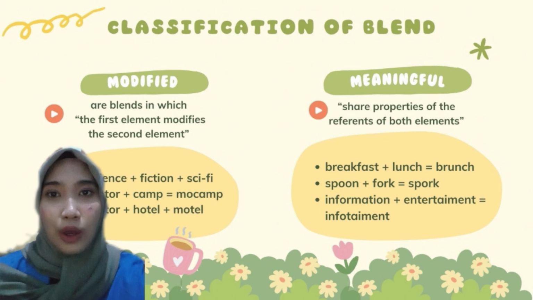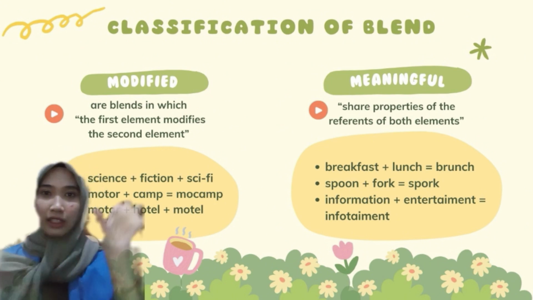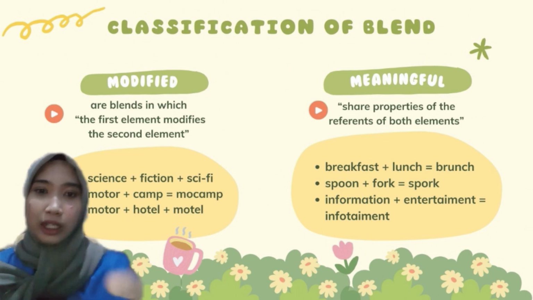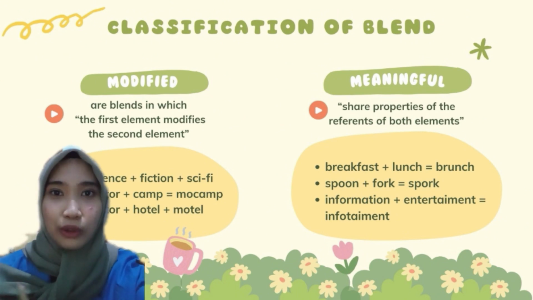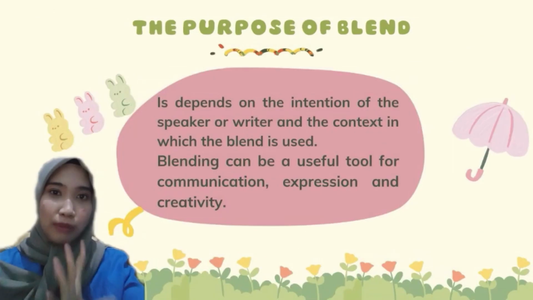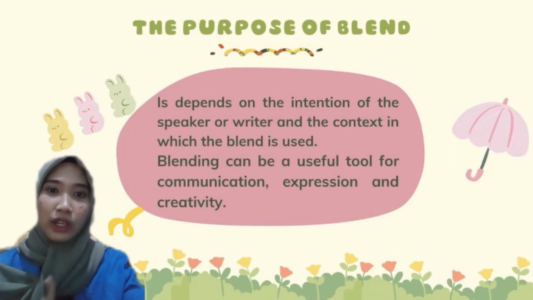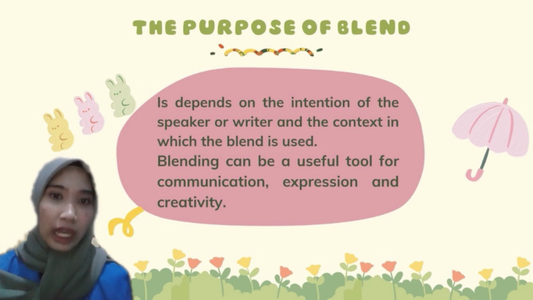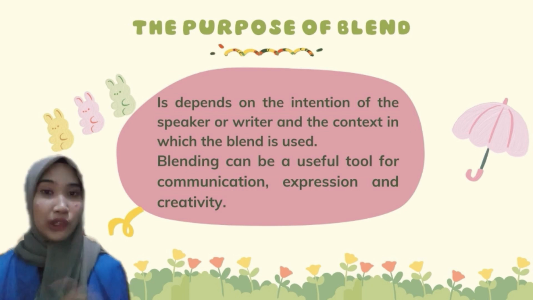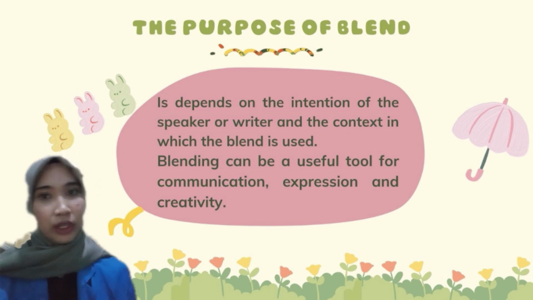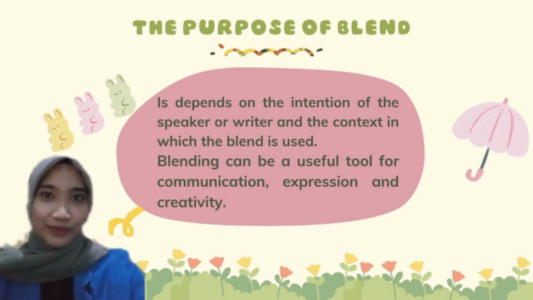Okay, now there are two classifications and the examples. Now we move to the purpose of blends, which depends on the intention of the speaker or writer and the context in which the blend is used. Blending can be a useful tool for communication, expression, and creativity.